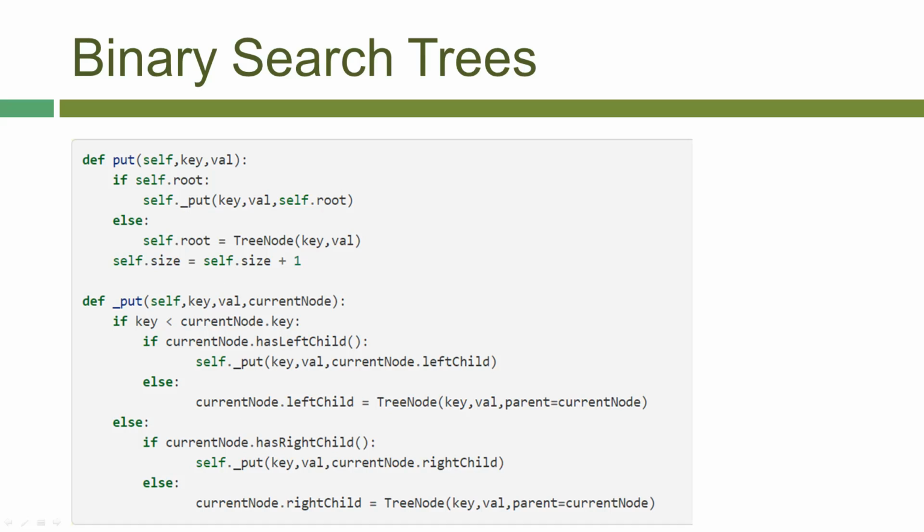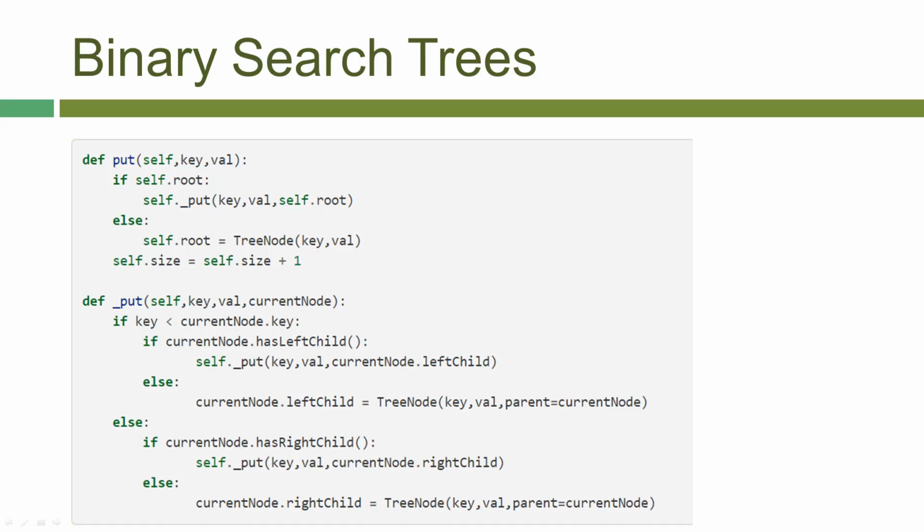So again, what's happening in this code is we start at the root of the tree, we search the binary tree comparing that new key to the key in the current node. If the new key is less than the current node, we search the left subtree. If the new key is greater than the current node, we search the right subtree. When there is no left or right child to search, we know we found the position in the tree where the new node should be installed.